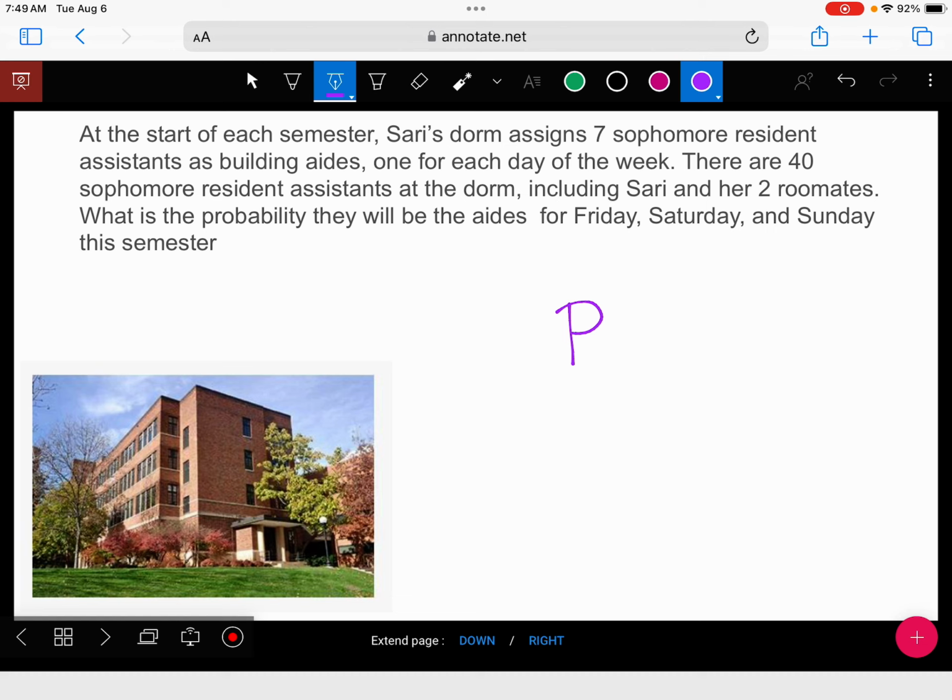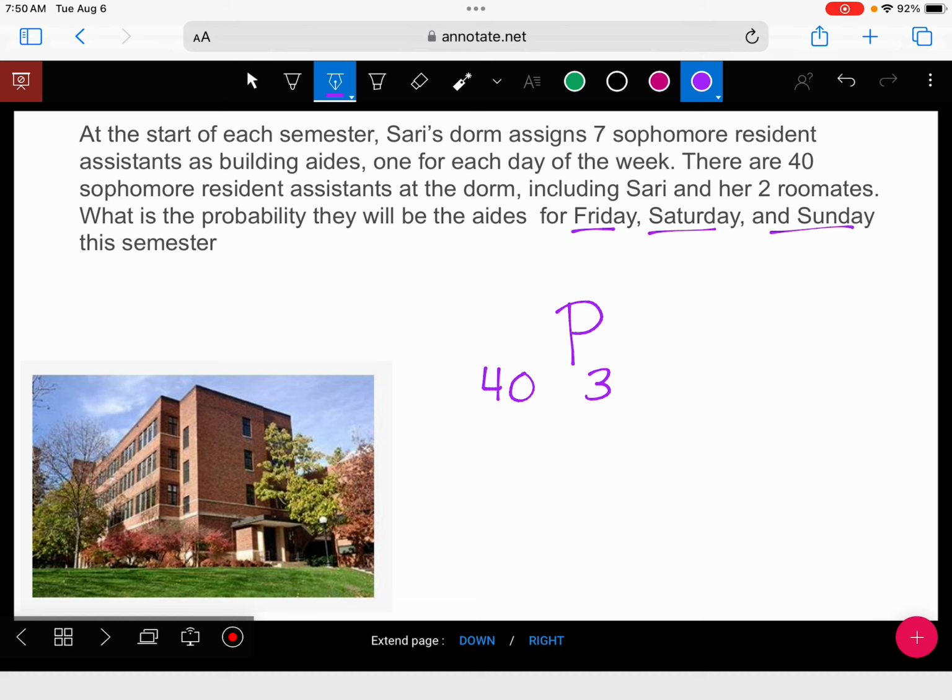How many options do we have? 40. How many are we choosing? 3. Yeah, I get why we see 7. Sometimes, and it happens a lot this year, and it happens a lot on SAT, there will be random numbers in the paragraphs that are irrelevant to what we're doing.